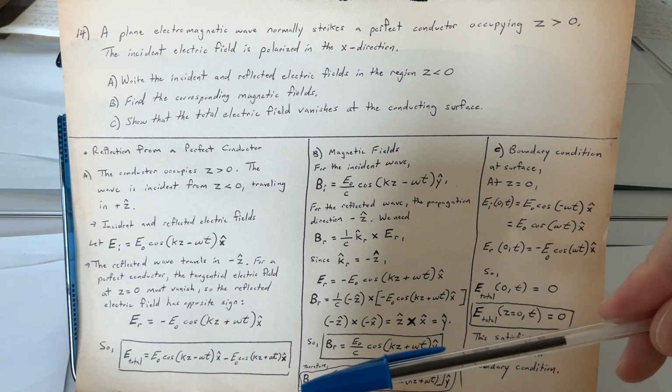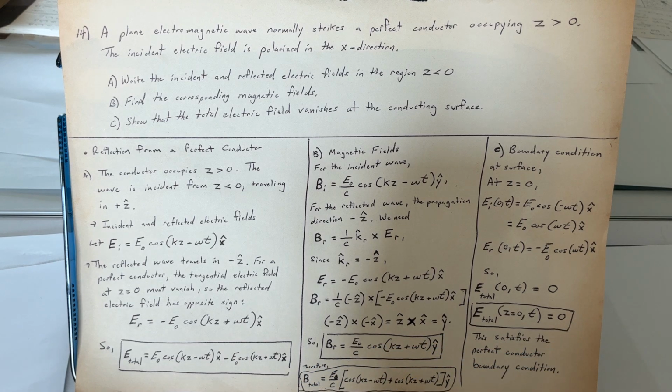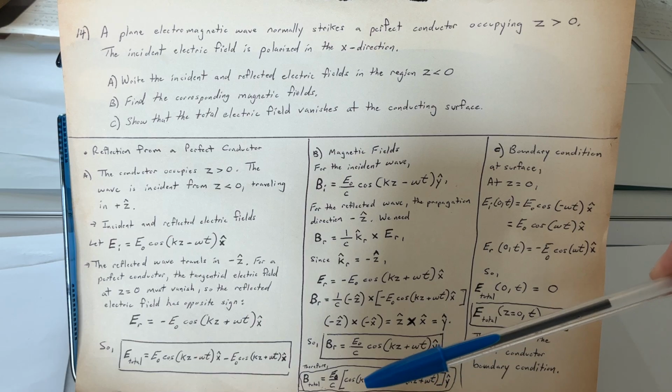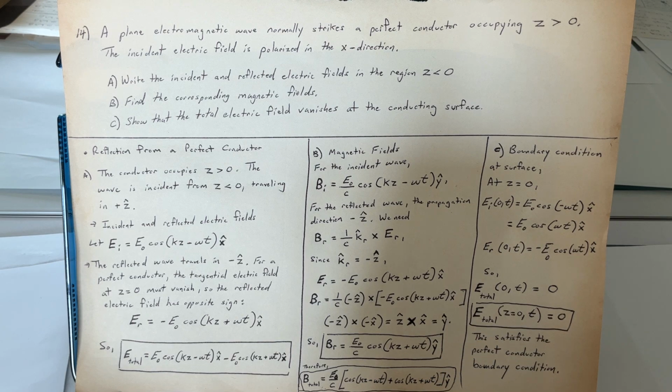Therefore, the total is B sub total equals E naught over c, bracket, cosine of (kz minus omega t) plus cosine of (kz plus omega t), times, after we bracket that, y hat.